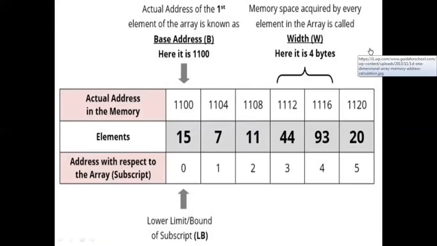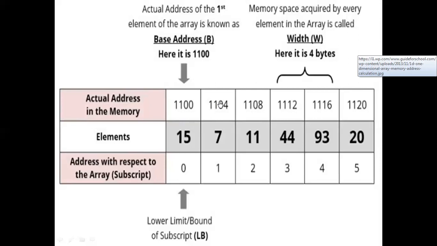So 4 bytes means from 1100, the next element will be stored at 1104. For the next element it will calculate the address; for each element it will add 4 bytes, because the width of each element is 4 bytes. You already know an integer takes 4 bytes.